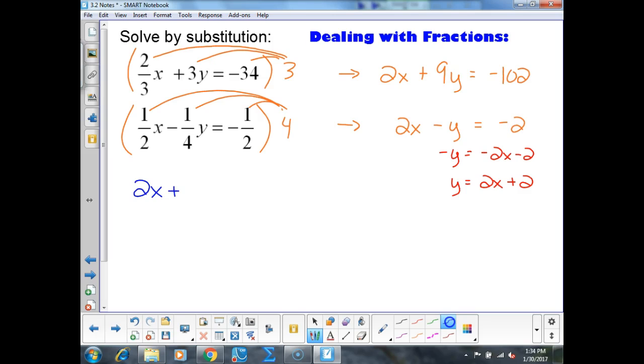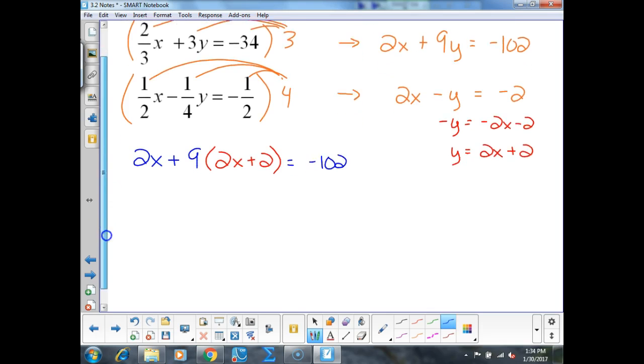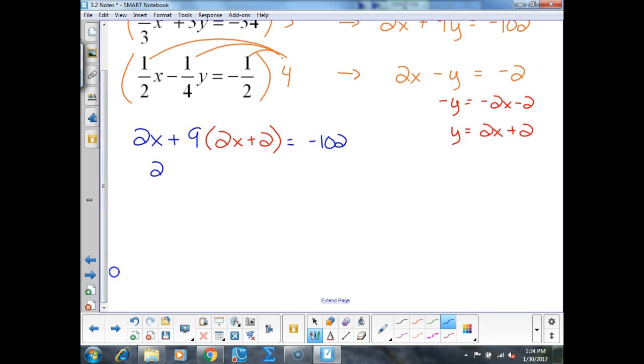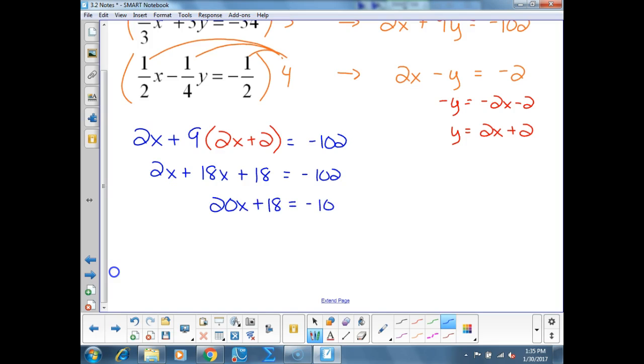So 2x plus 9 times (2x plus 2) is equal to negative 102. 2x plus 18x plus 18 is negative 102. 20x plus 18 is negative 102.